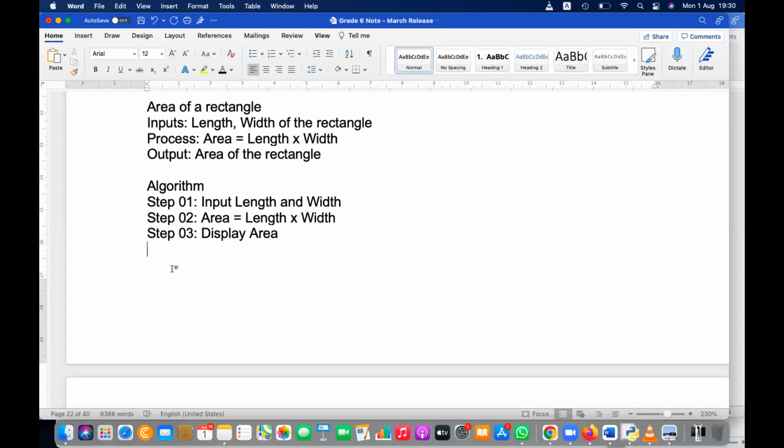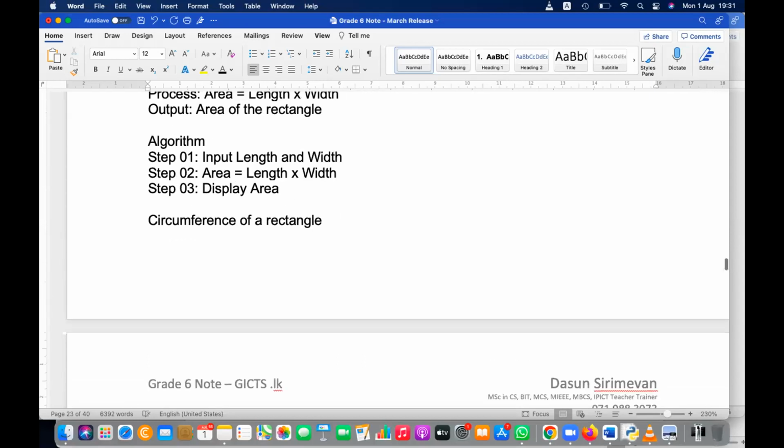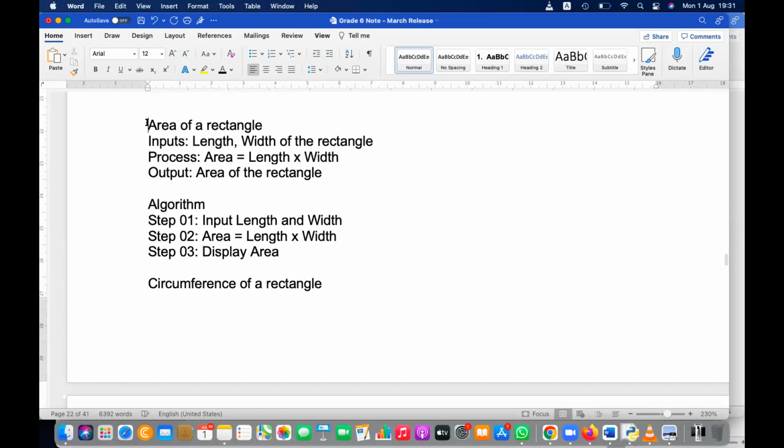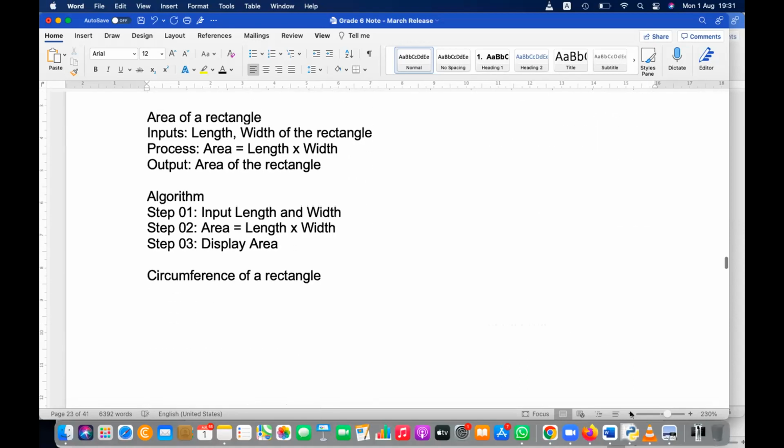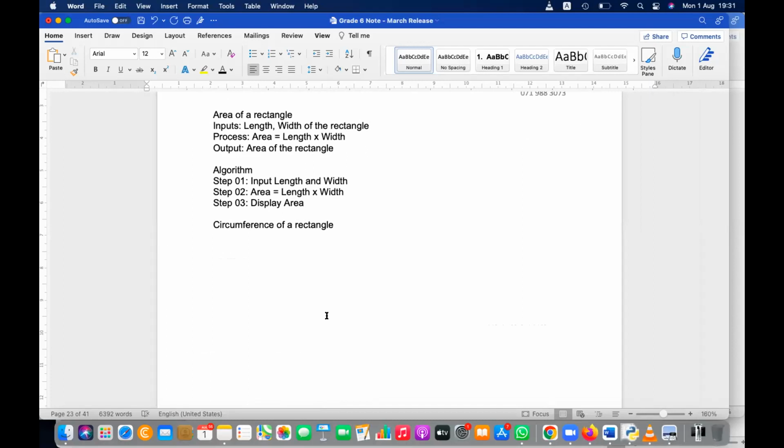Can you write down the answer for the circumference of a rectangle? We did it. I'm asking again just to see whether you can remember. This is revising the same lesson. So what are the inputs?